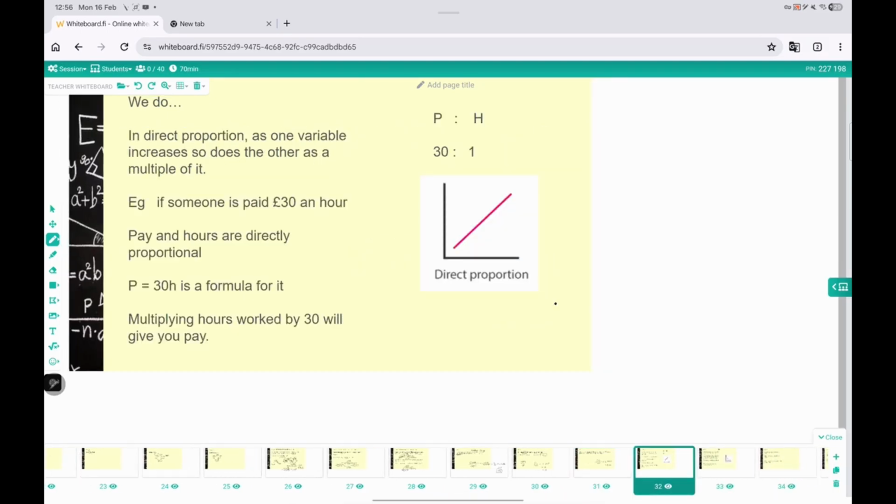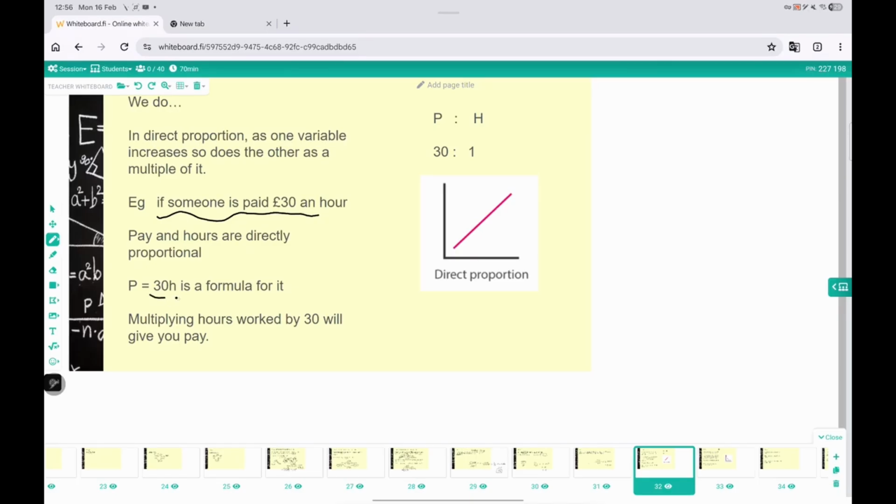Right, direct proportion. This is a nice to know for now, so don't worry too much about it. We're generally going to deal with using ratios here. Direct proportion, as one variable increases, so does the other. So if someone's paid £30 an hour, pay and hours are directly proportional. And we can actually make a formula for it.